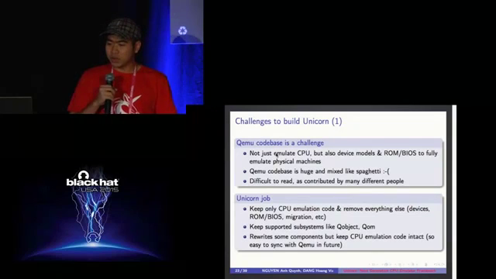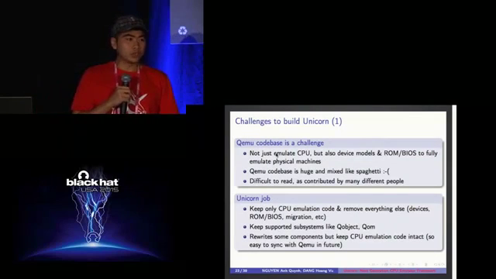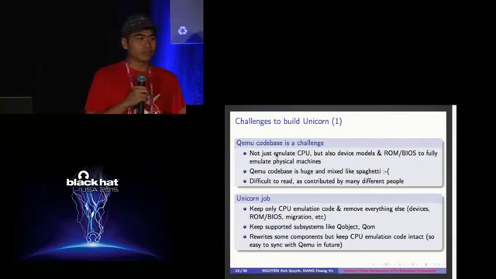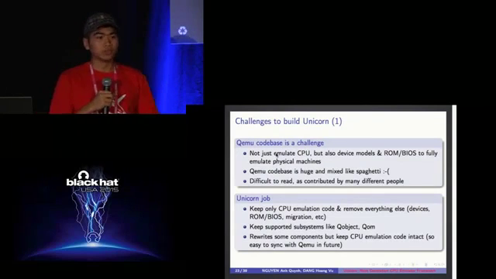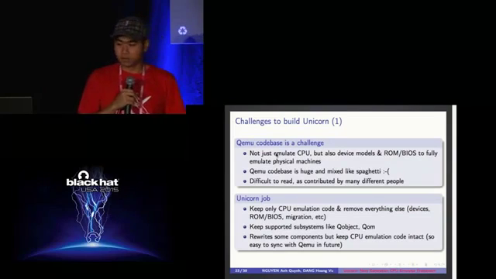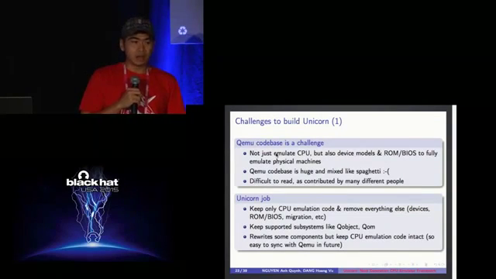And then we need to rewrite some of the components to keep this CPU component code intact. Why? Because we want to update to the upstream, which is QEMU code, whenever it releases new versions, or whenever there's a bug in QEMU, we want to fix it in our code as well. And on the other hand, any bugs that we found in our library, we can report upstream and help them to fix.